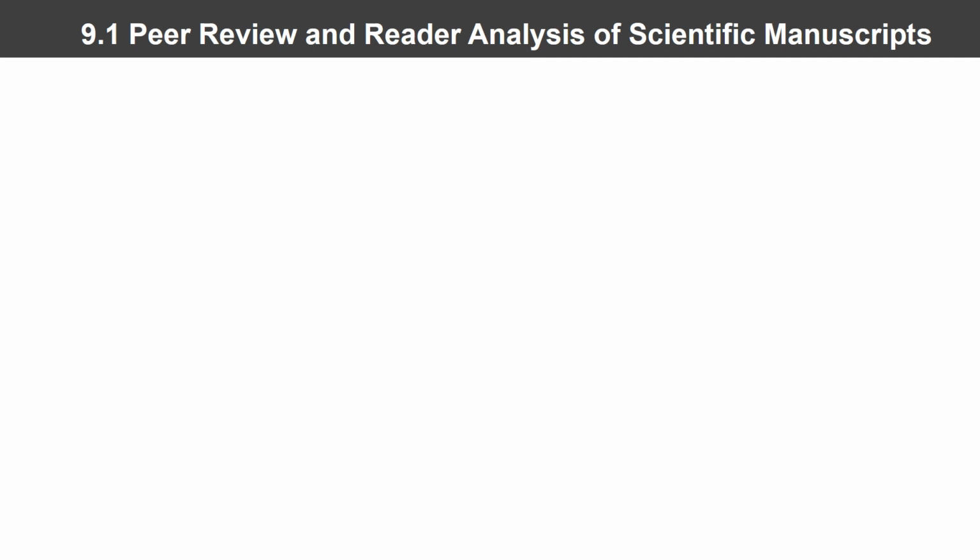Today, in this particular video, we're going to give you an overview of how to process those manuscripts at a very critical, analytical level. We're going to break it down into two pieces. The first is scientific peer review. We want you to understand the process for how scientists evaluate a manuscript before it's published.